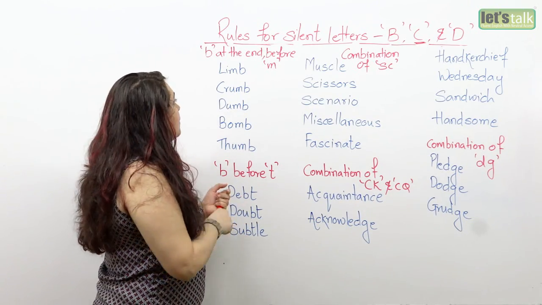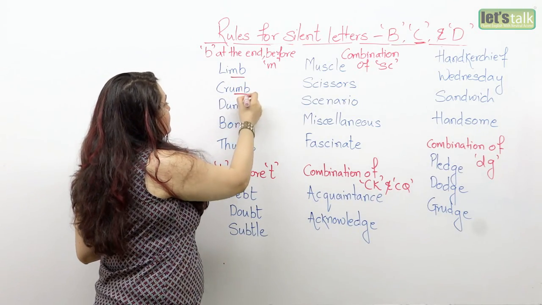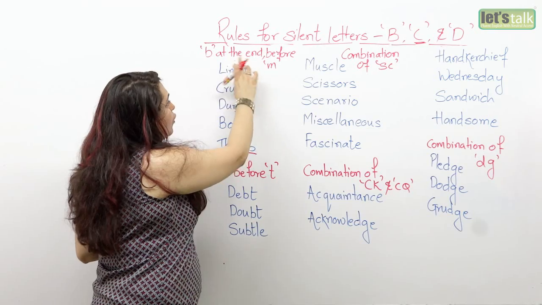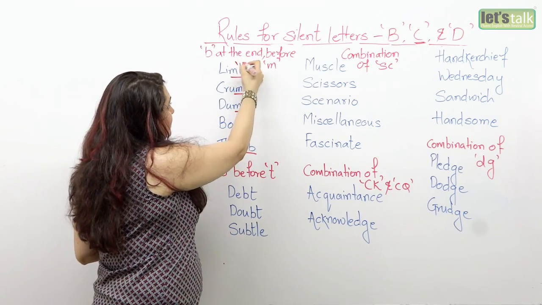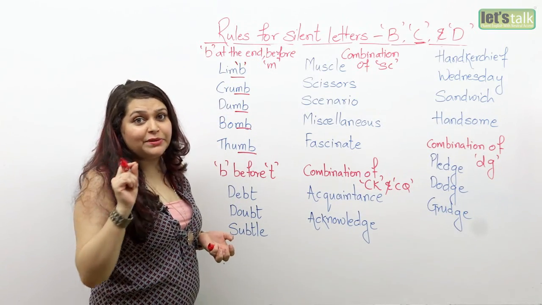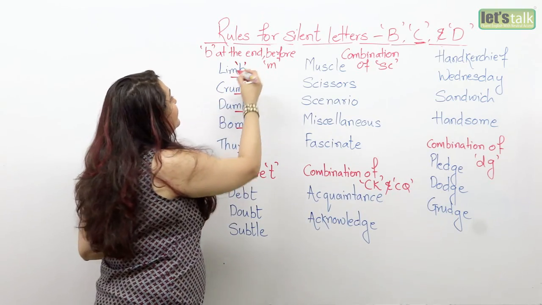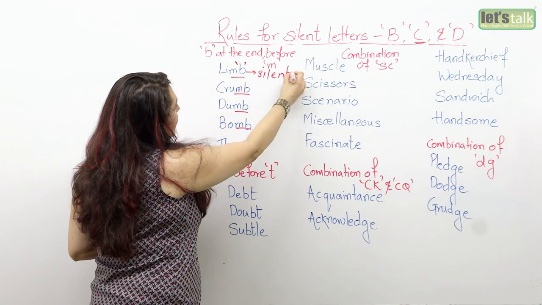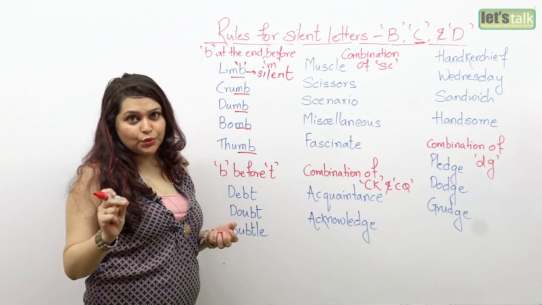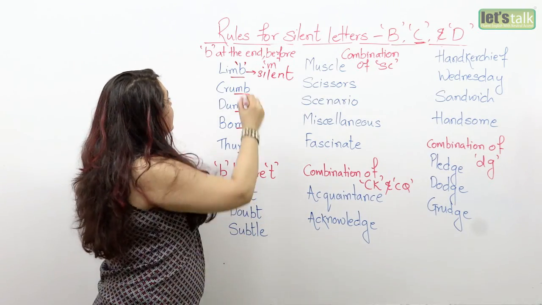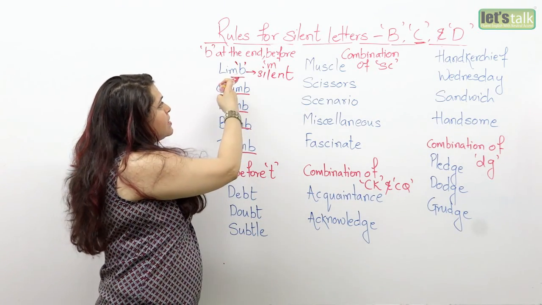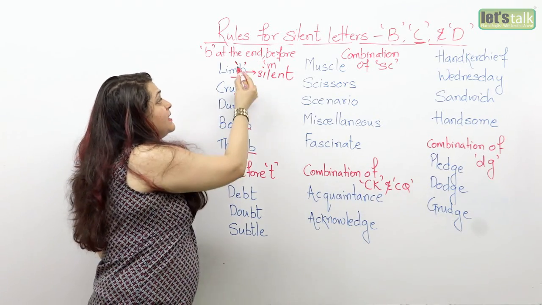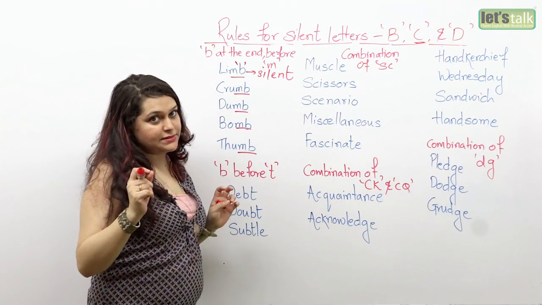When it's a combination of MB, in certain words where M comes before a B and B is the last alphabet of that word, then that B is silent. I'll repeat it: when it's a combination of MB where M comes before B and B is at the end of a word, then B is silent.